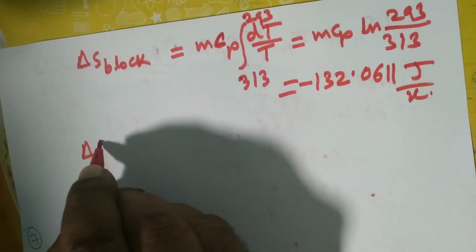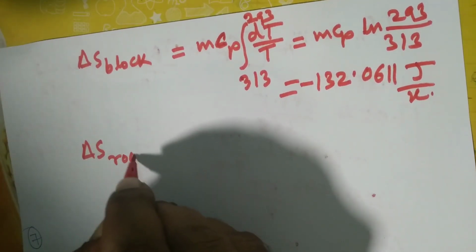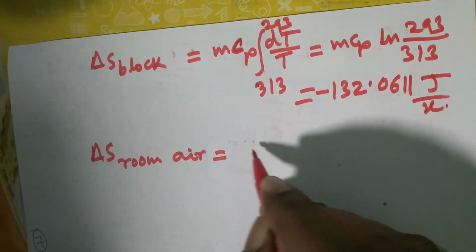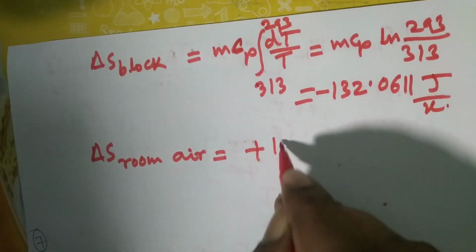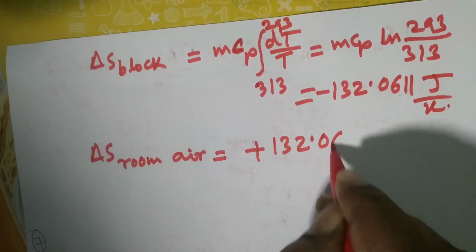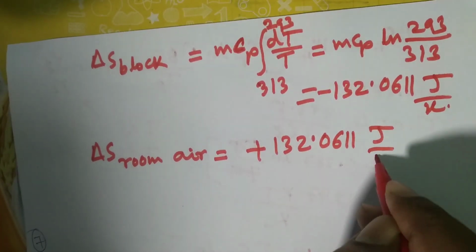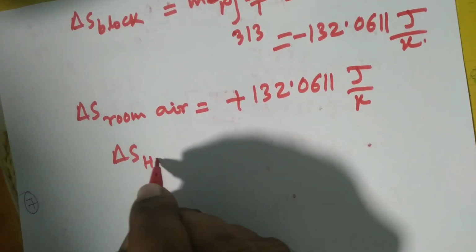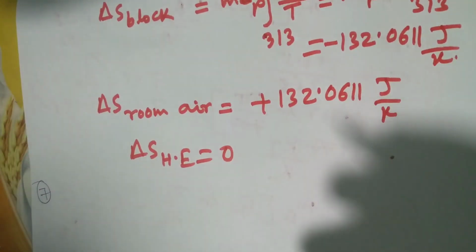And delta S for room air is plus 132.0611 joule per Kelvin, because delta S of the heat engine is always 0.